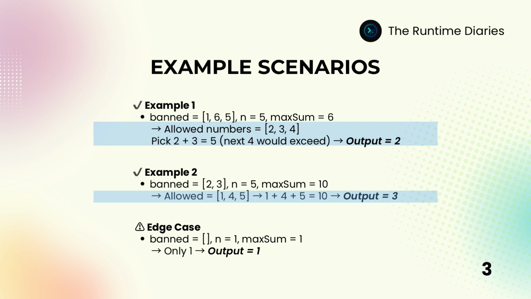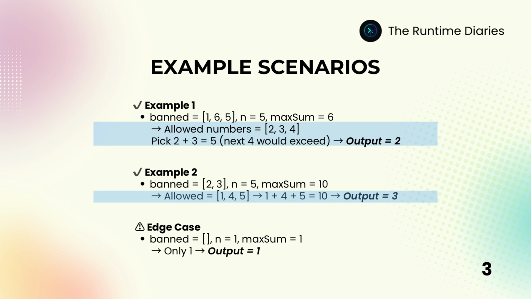You can start adding. So 2 plus 3 is going to equal 5. If you try to add 4, the sum jumps to 9, which breaks the limit. Our limit is going to be the max sum, which is 6. So you stop right there. The maximum number of boxes you can pick is 2.